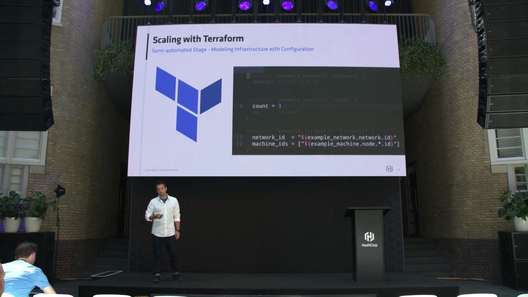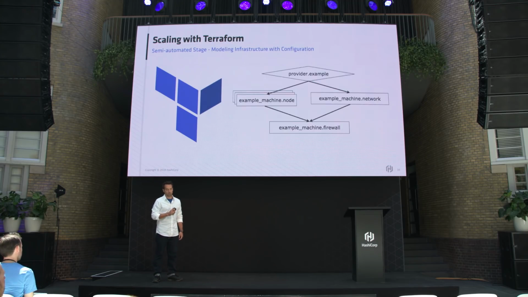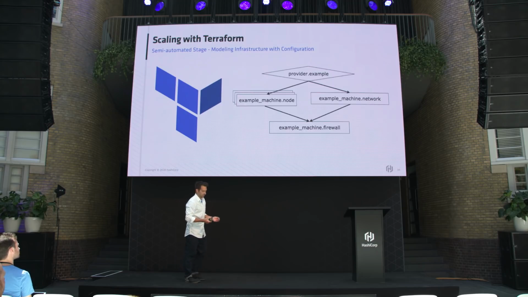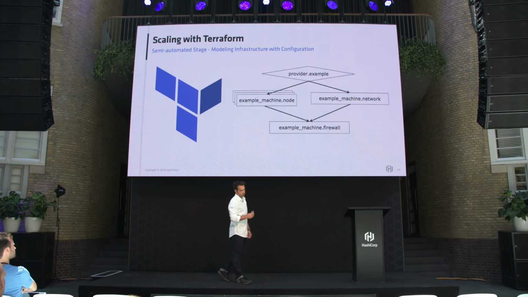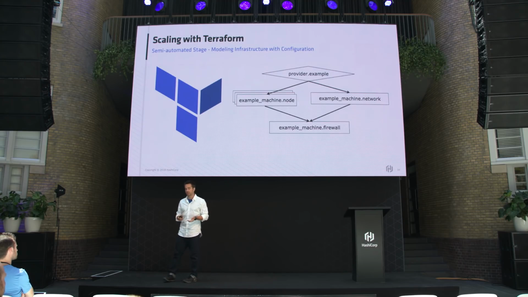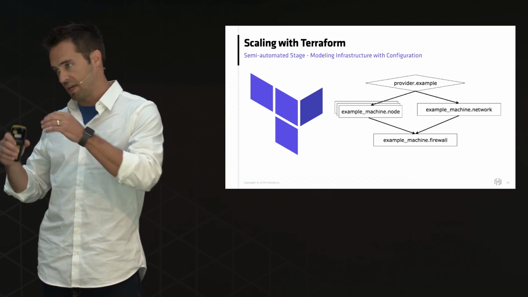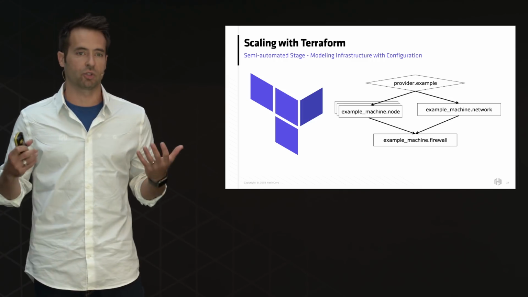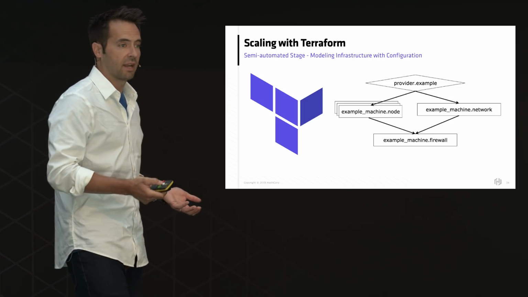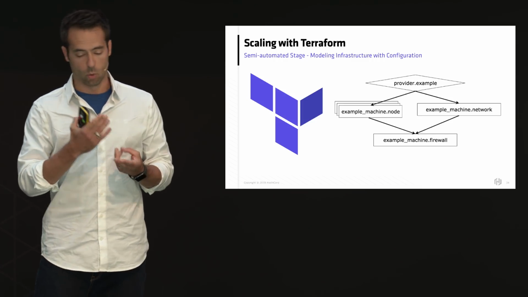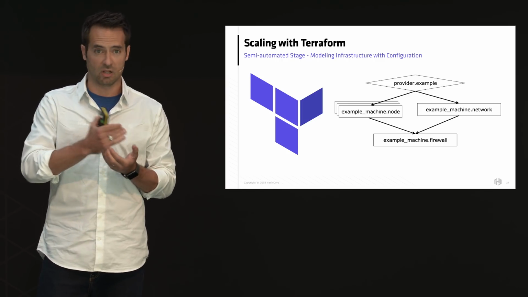So all of this configuration is read by Terraform and used to make a graph. Now, I've talked several times about Terraform. I've spent a lot of time about the graph. I'm not going to talk about the graph here. The graph isn't really the point of this talk. The point here is that we're declaring infrastructure in files, and Terraform can read that and reason about what your infrastructure looks like. And doing that, it knows dependencies, order of operations, and it can parallelize things.